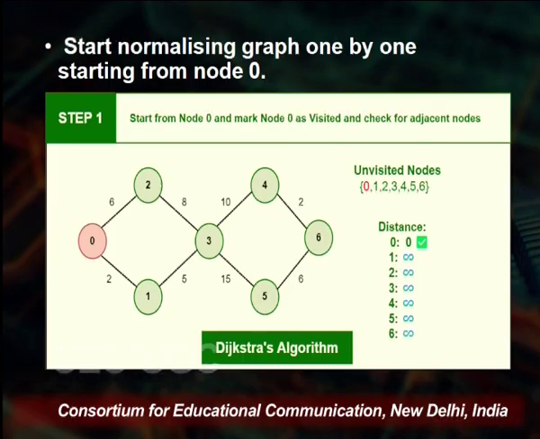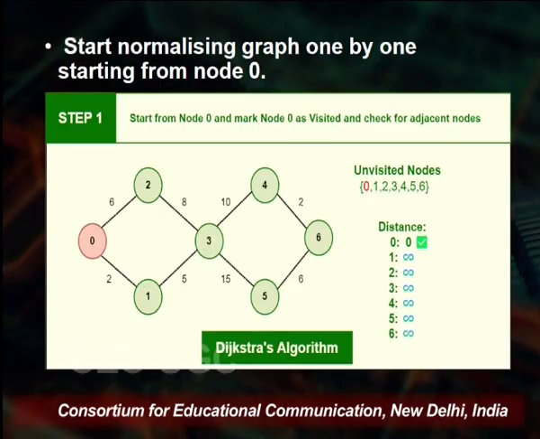So, the distance from source to source is 0, and for 1, 2, 3, 4, 5, 6 we have not visited them yet, so we are going to mention them as infinity. So, this was the initialization step of our algorithm.